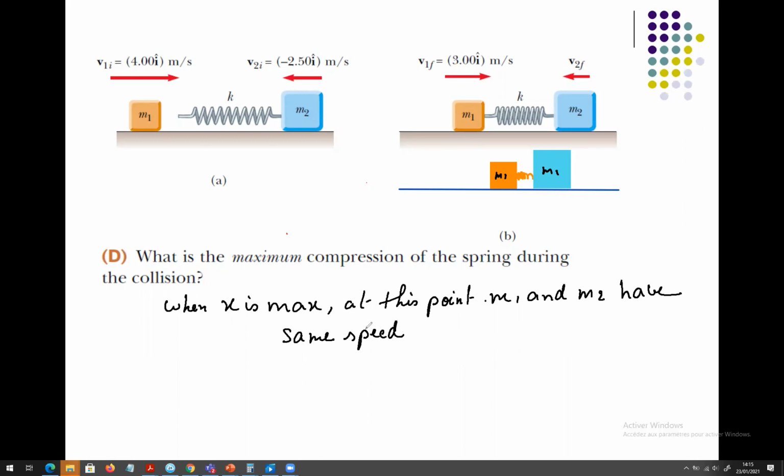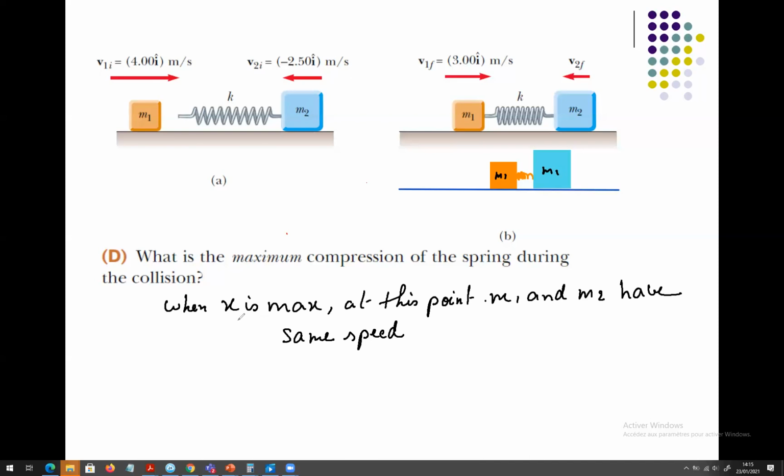After, you will get a separation between them, but at the point where X is maximum, the system will move with the same velocity. After this point, you will get the separation again.